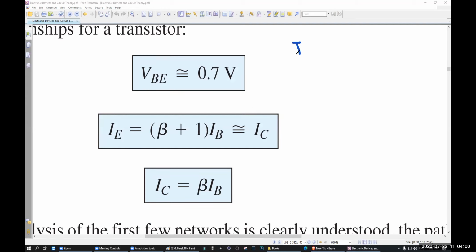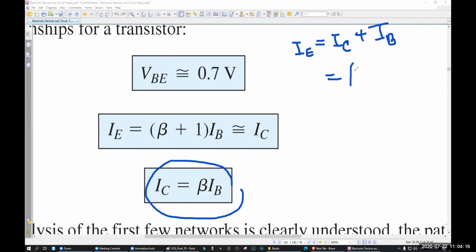We already know IE is equal to IC plus IB. So in case of IC, can we write this? Of course we can write this, right? Beta IB plus IB. So from there, can we take IB common?